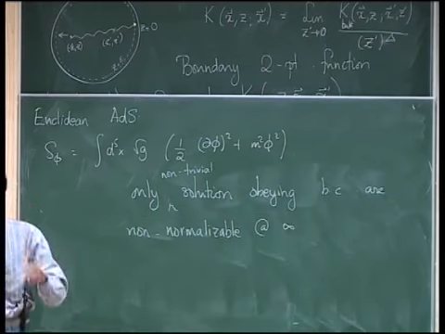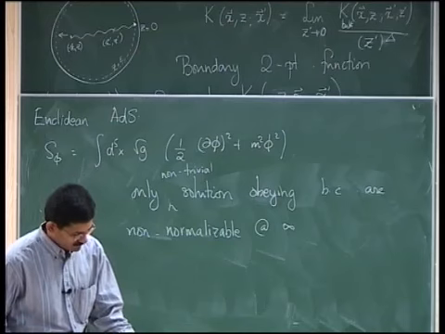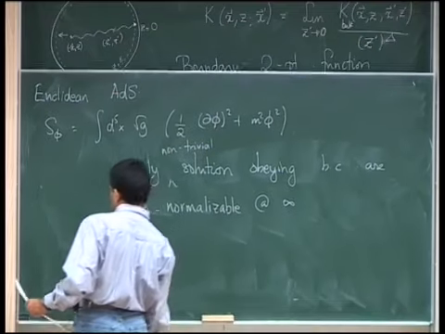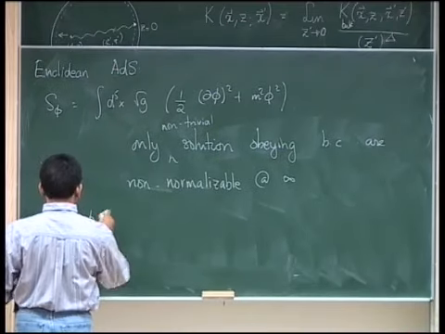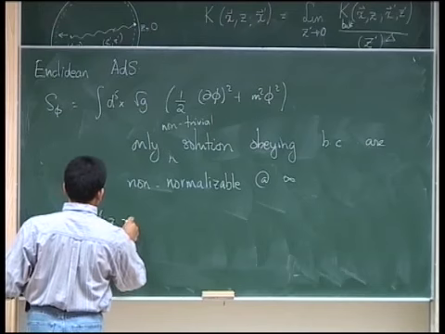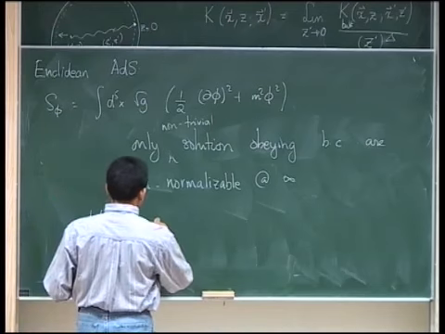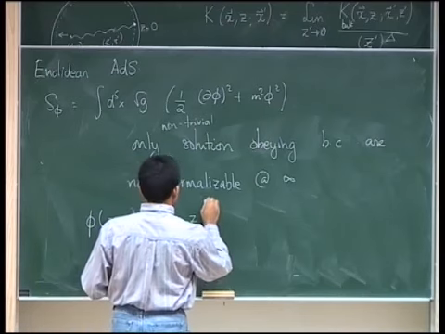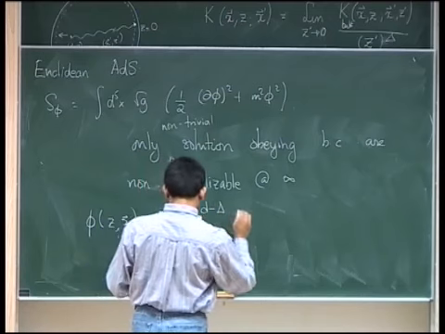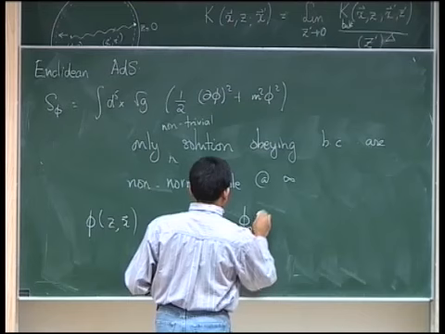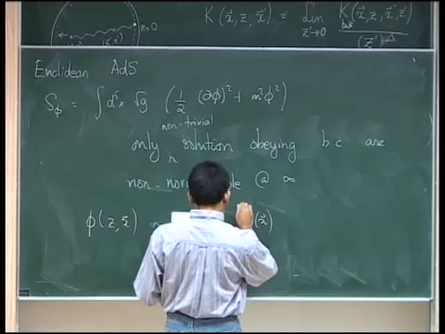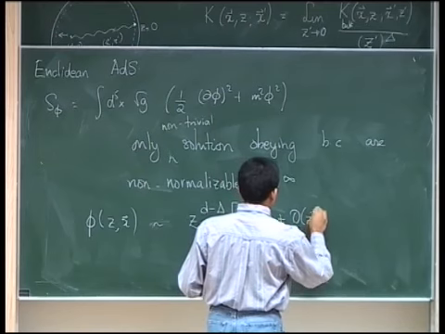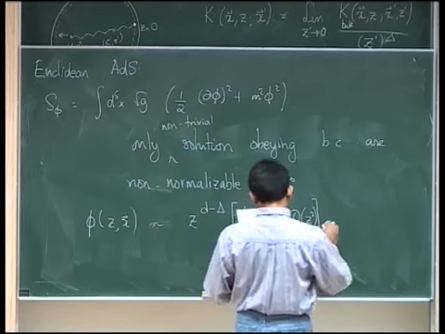Okay. Now, what happens is if I solve the scalar wave equation, then it behaves as follows. I'm just rewriting in slightly different notation, not very much, something that I had written before.